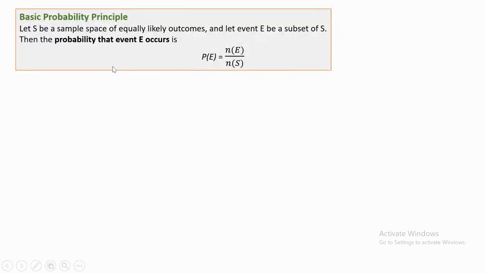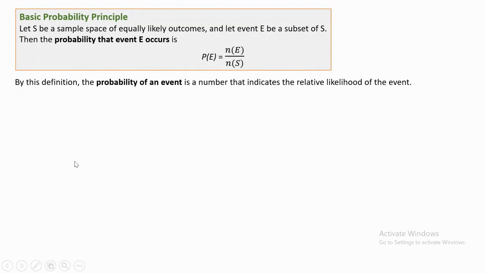Now here comes the basic probability principle. Let S be a sample space of equally likely outcomes, and let event E be a subset of S. Then the probability that the event E occurs is the number of elements in the event over the number of elements in the sample space.